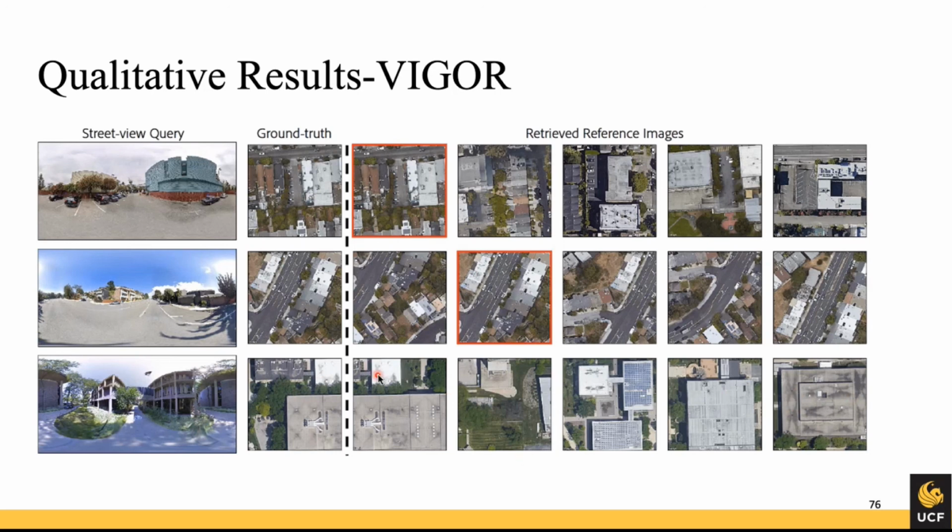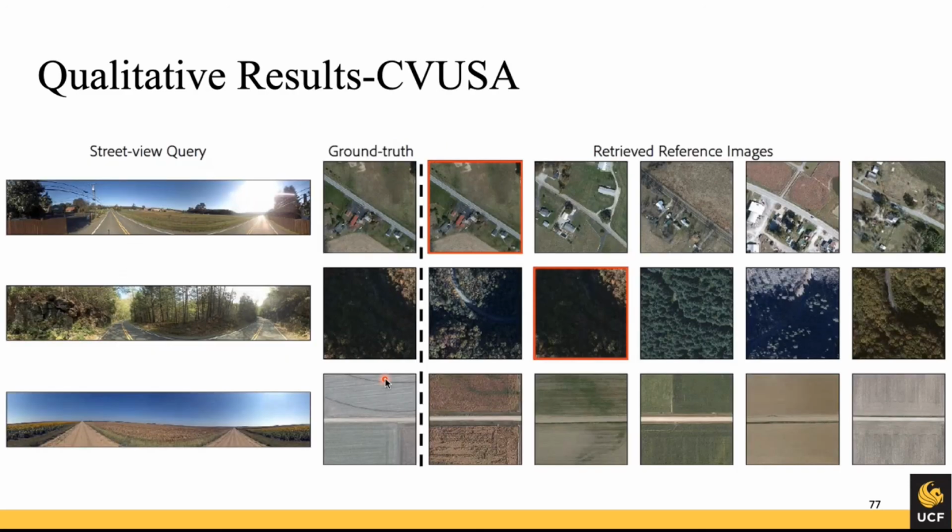But as a matter of fact, if you look at the top one retrieved image, we retrieve a semi-positive, because this is just shifted a little bit, maybe to the left, so it still covers some of the views of the ground truth location. And here are some other visualization examples on another data set, CVSA.